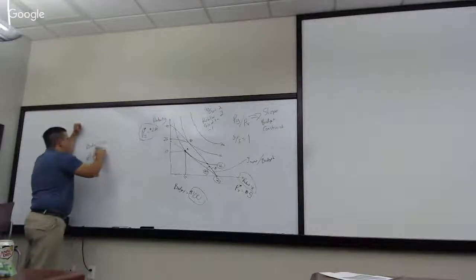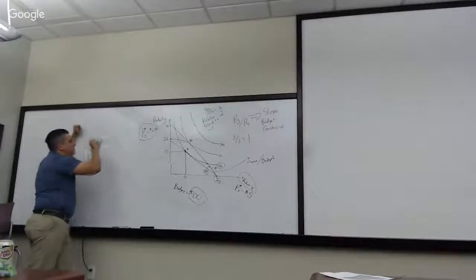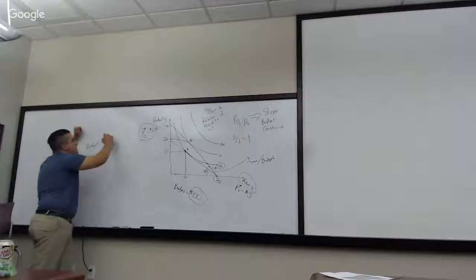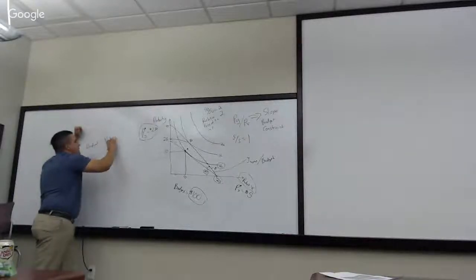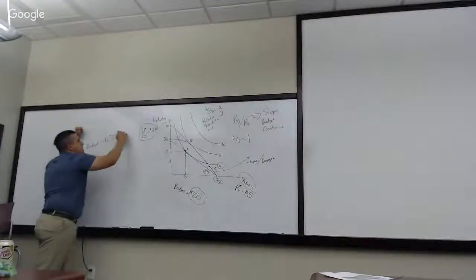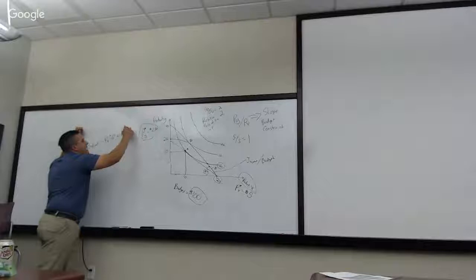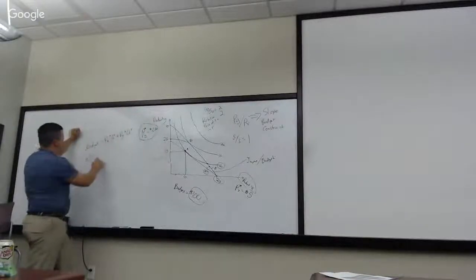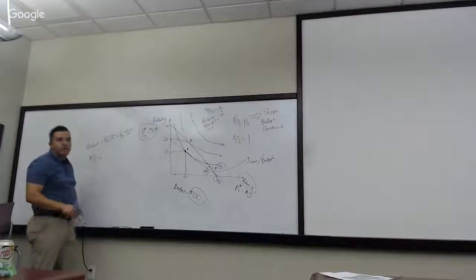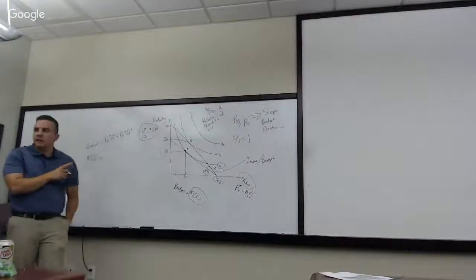And remember that our budget is going to be equal to our budget for X and our budget for Y, or the price of X times the quantity of X that we consume, plus the price of Y times the quantity of Y we consume. X has remained constant in this example.